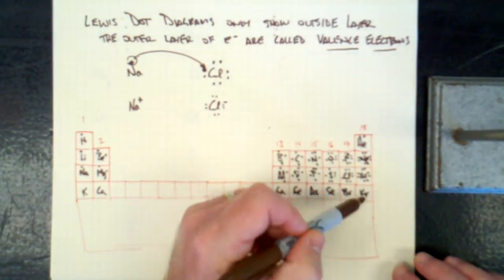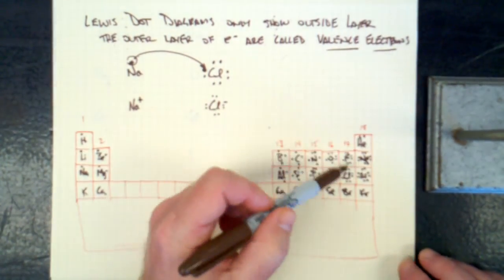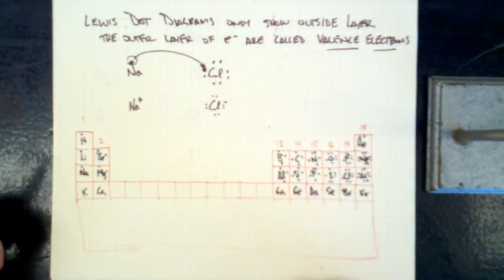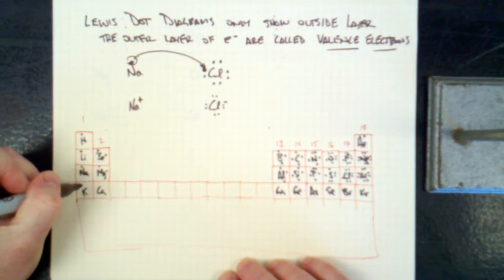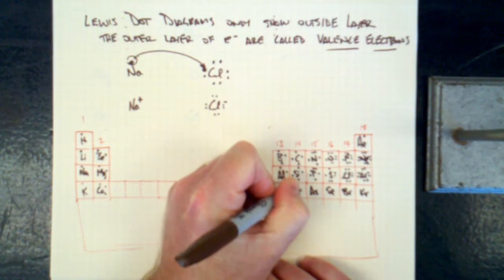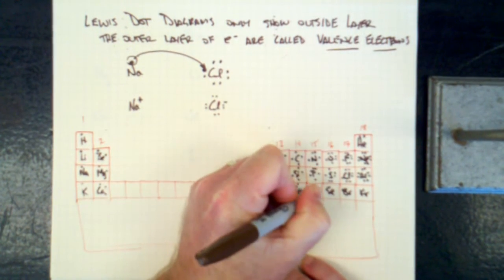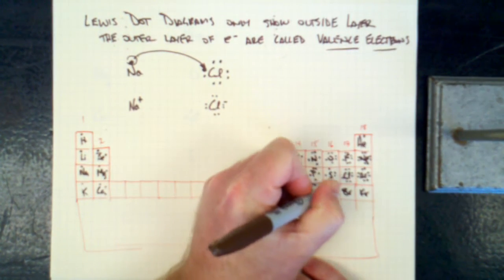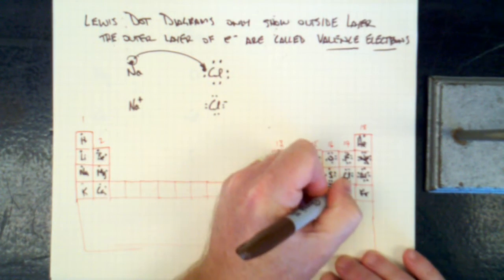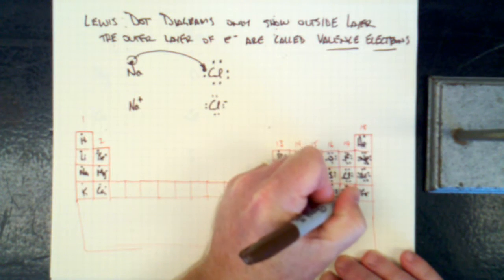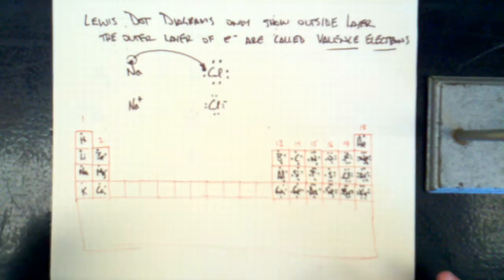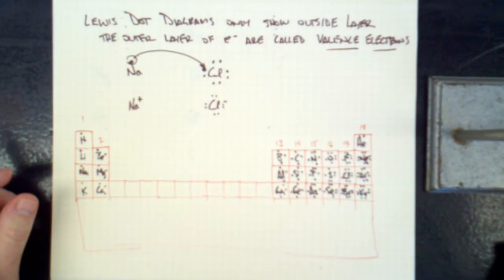So we can determine the number of valence electrons by looking at the column of the periodic table that element comes in. So let's just draw in the rest just to show it still works. And krypton has 8, so it's full. It doesn't bond with anything either.